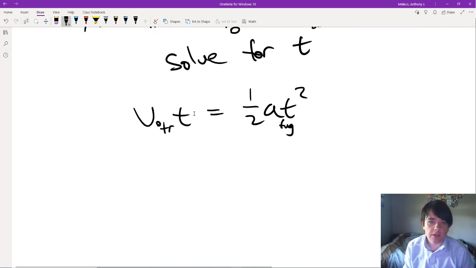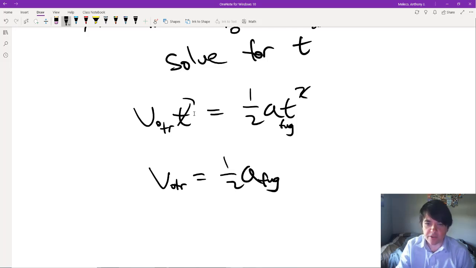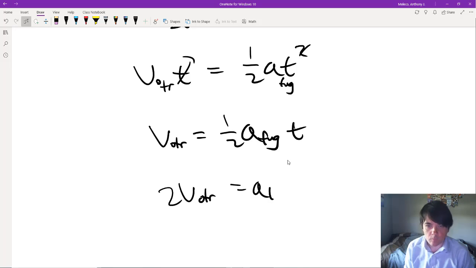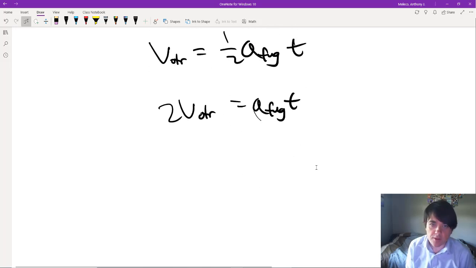Now we can just cancel out a time. So v naught of the train equals 1/2 a of the fugitive times t. Now we just solve for time, so we multiply over, so 2 v naught of the train equals a fugitive times t, and then we divide.